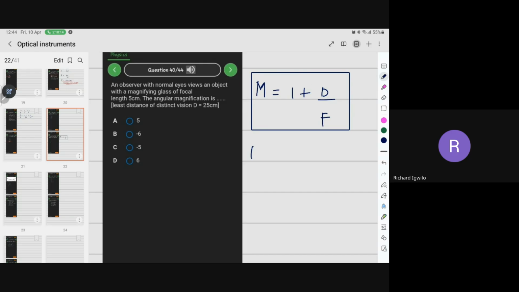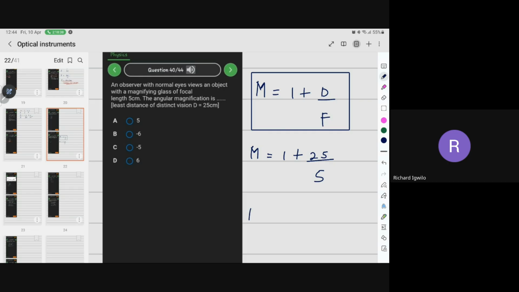So now for the magnification, what's the value of D? D is 25, right? So M is equal to 1 plus 25 over F. F is 5.